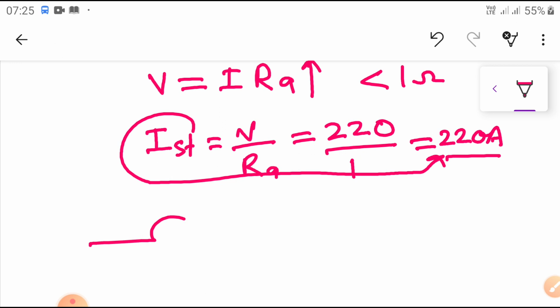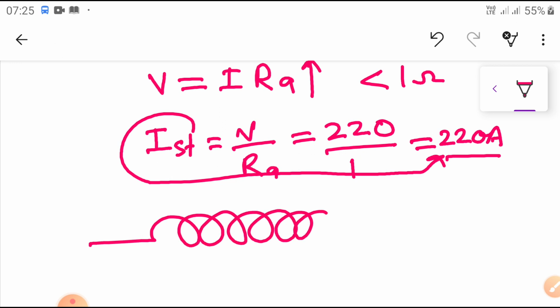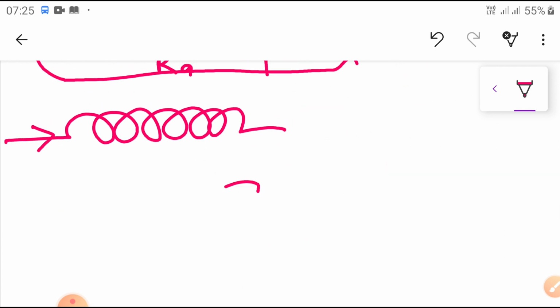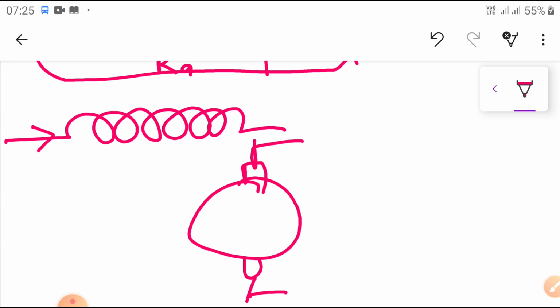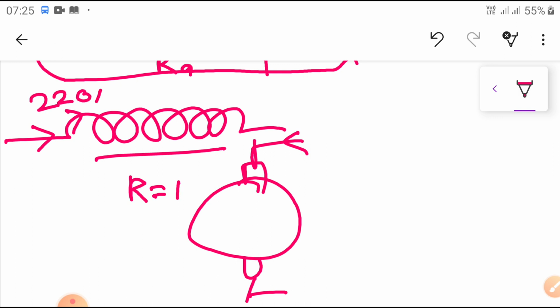In our motor, this is the armature winding. The armature present on the rotor is connected to the brushes, and this heavy current will enter the winding. The winding has a small resistance, R equal to 1 ohm, and the current is equal to 220 amperes.